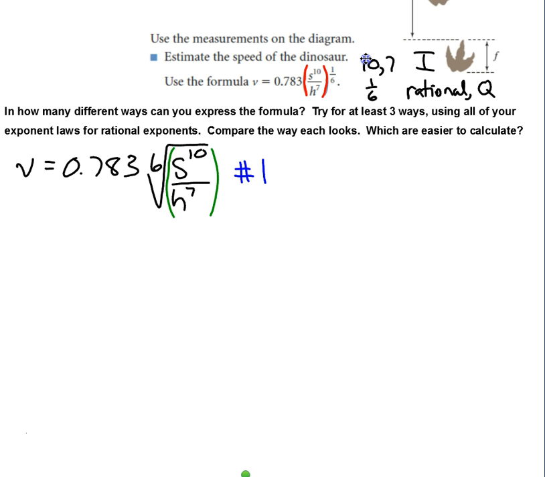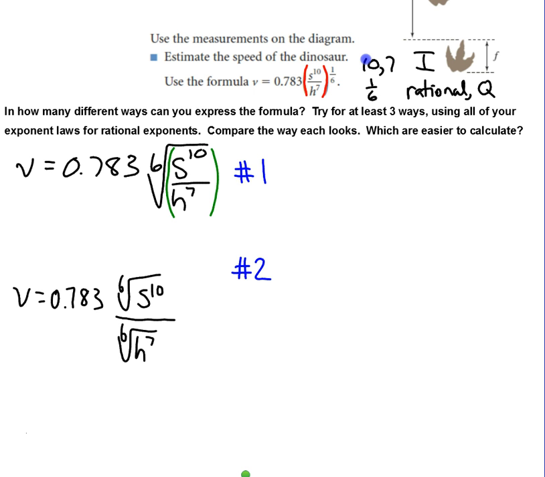From there, for attempt number 2, we could take our factor of 0.783, and the 6th root of a fraction is really comparable to the 6th root of the numerator divided by the 6th root of the denominator, because the exponent 1/6 applied to a fraction, we could really say it applied to the top and the bottom, and we can independently apply that to the numerator or the denominator.